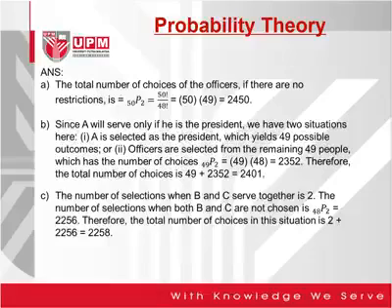Okay, and number C, the number of selections when B and C serve together. So it means that if you want to employ, they have to be together. So if you listen to the suggestion, you say yes, I will employ you two. So B and C, but B and C, they have 2 different positions. That's why the number of ways to choose them to fill in 2 positions is 2.